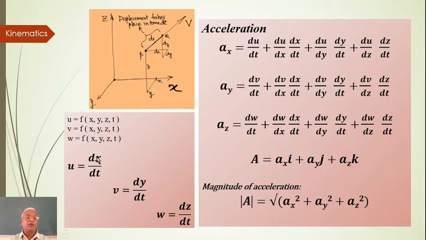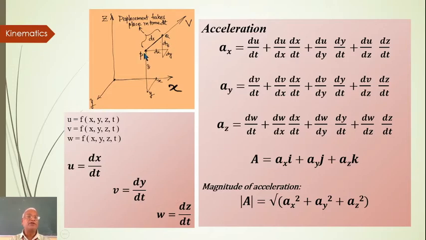u, the component of velocity in x direction, is dx divided by dt. v, the velocity in y direction, is dy, the distance traveled in y direction, divided by dt. Similarly, w is dz by dt, the distance moved in z direction divided by dt.